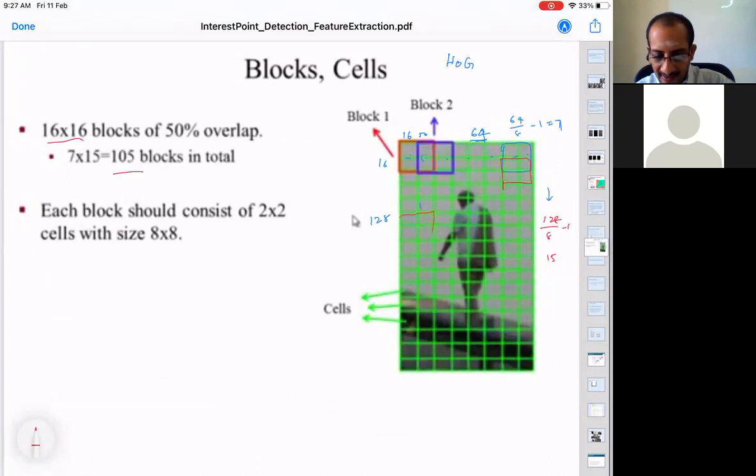That means for each 16 cross 16, they get 4 cells. So the number of blocks is 105 and the number of cells is 4.